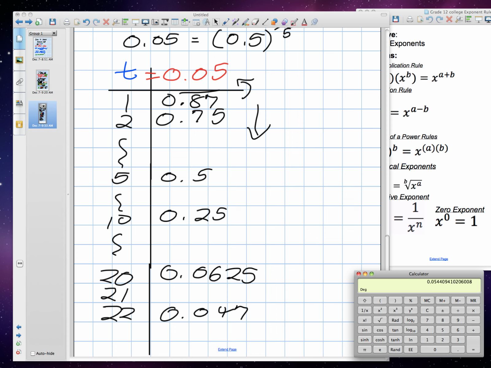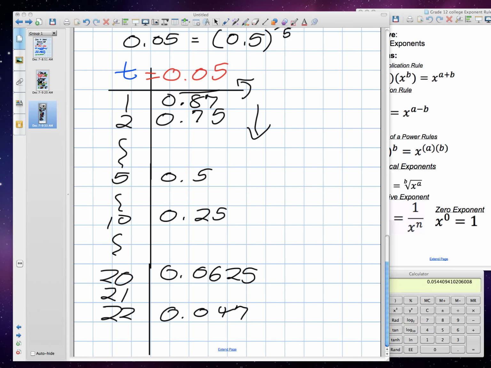So we get 0.5 to the power of 4.2, 0.054. Okay, so this is what I was talking about before, 0.054. If you guys notice, the value we were looking for, which was 0.05, okay, is in between those two numbers. So in other words, our time is in between 21 and 22.